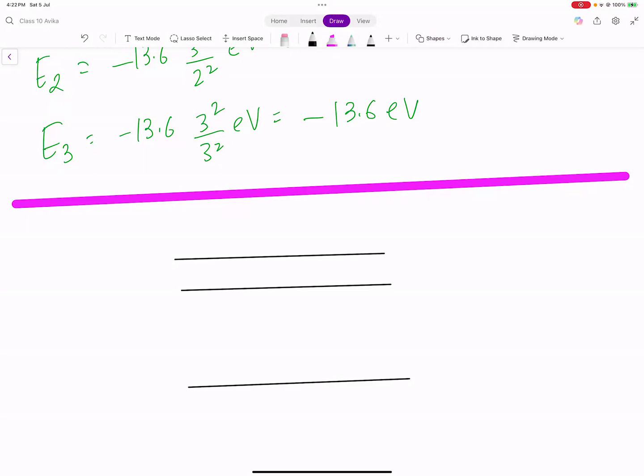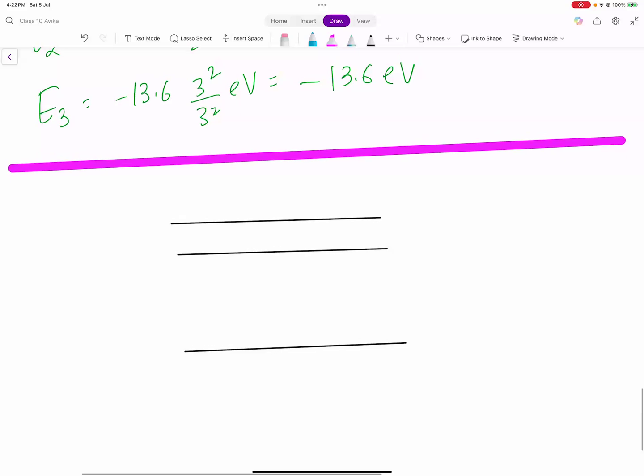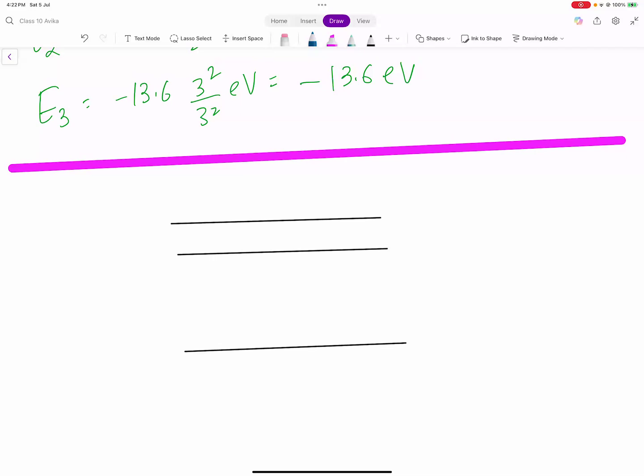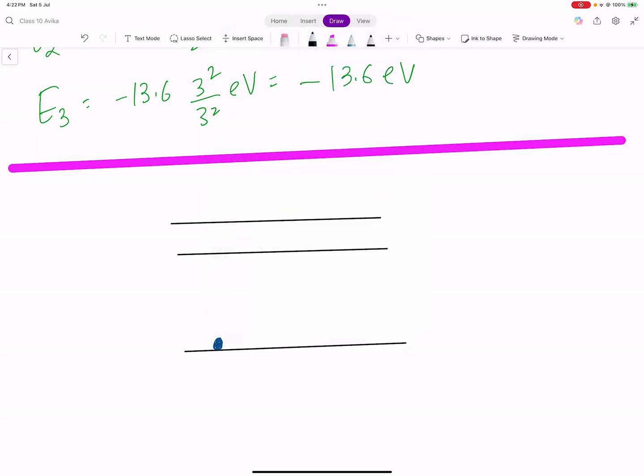Okay, so now what's going on is that when an electron is absorbing energy, somewhere here, at n equal to 1, n equal to 2, n equal to 3.